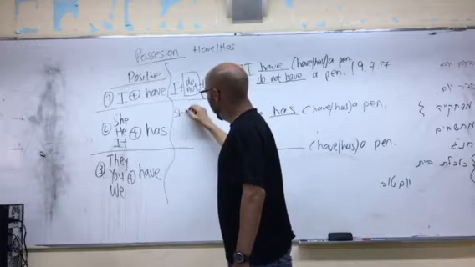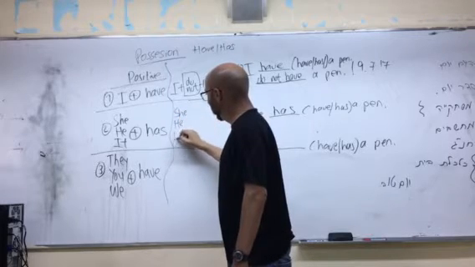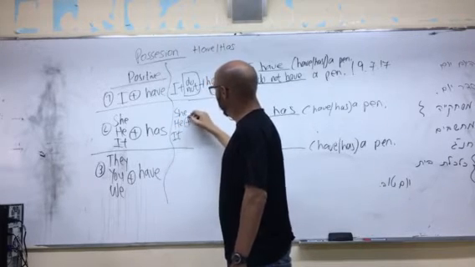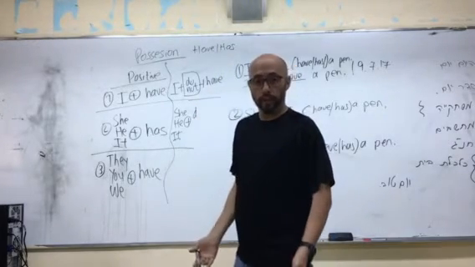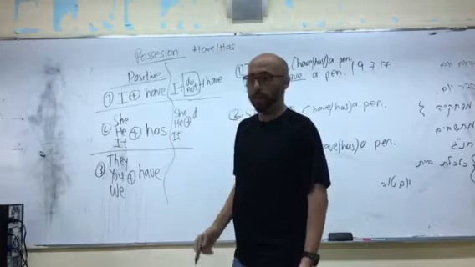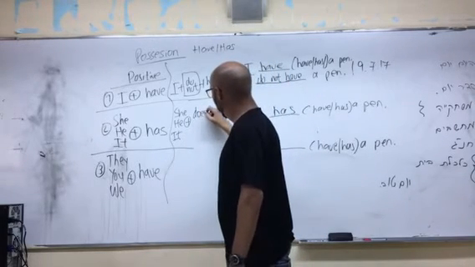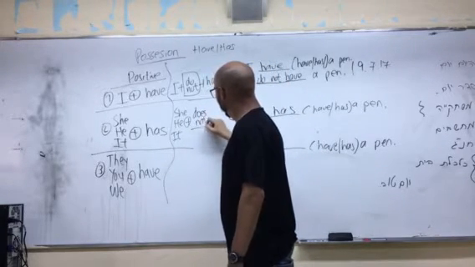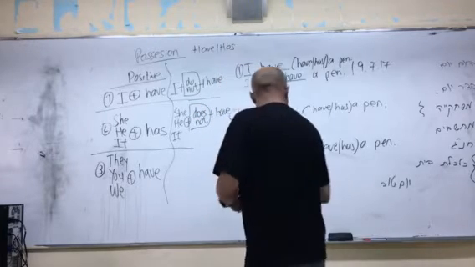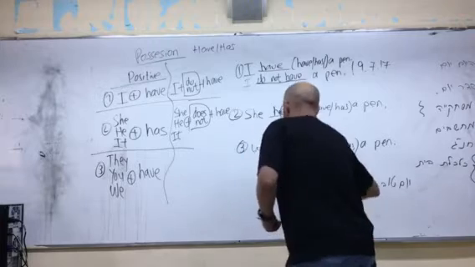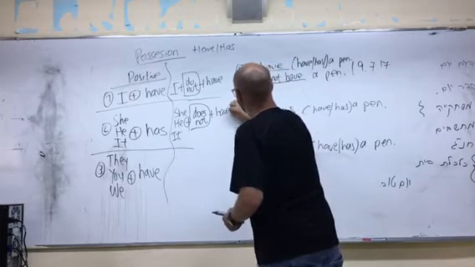She, he, and it receives does not or doesn't have a pen. She does not have a pen.